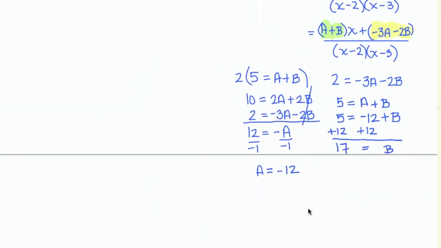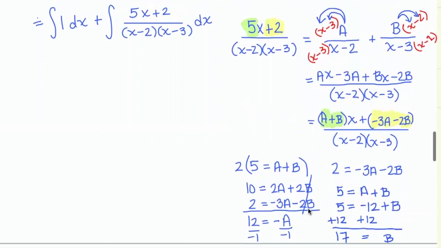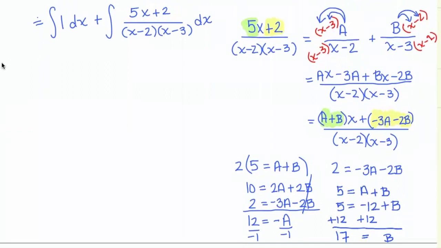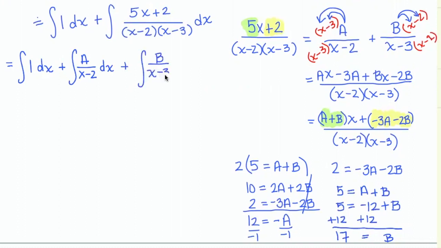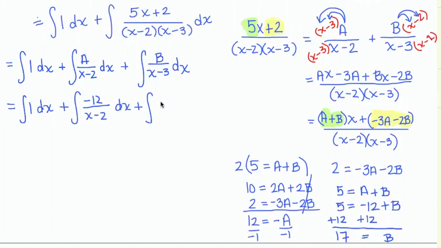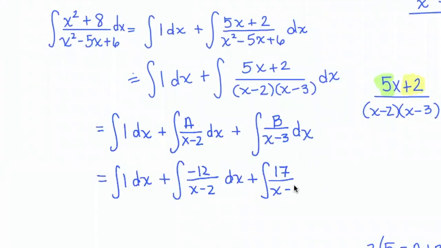Now that I have A and B, I can write my partial fraction decomposition. And I can substitute in those constants. Now I just integrate each of these pieces.